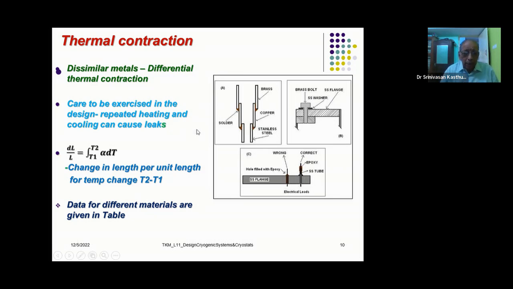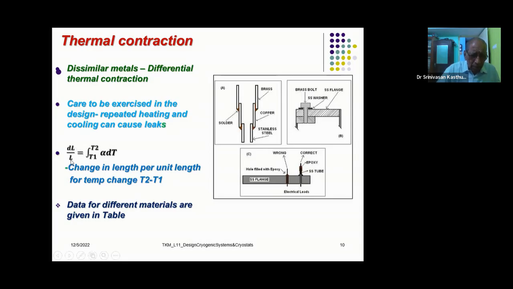The thermal contraction data is normally provided in the form of an integral value. That is, the change in length per unit length over a temperature range is given. I will just show the table.